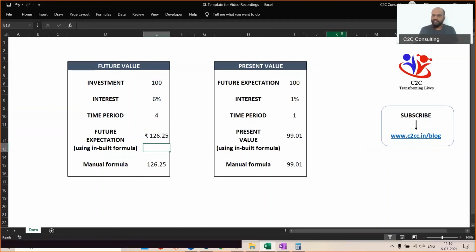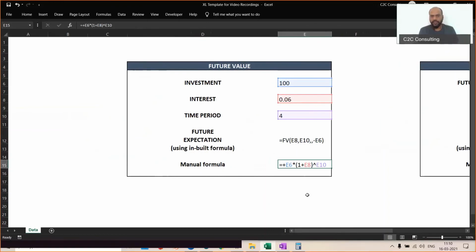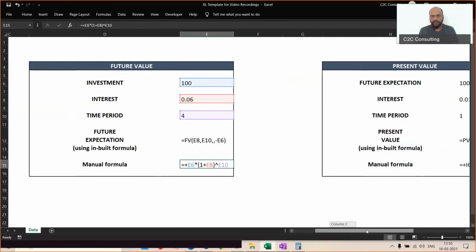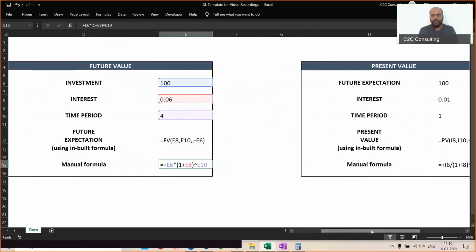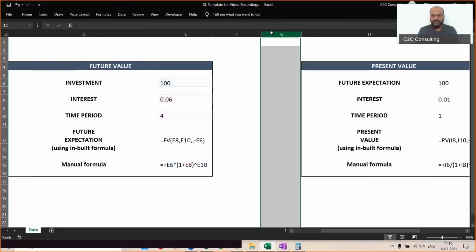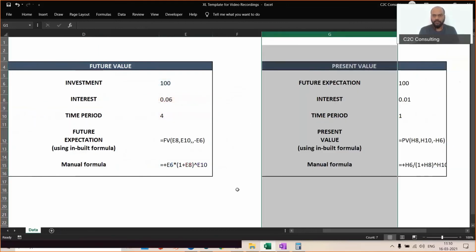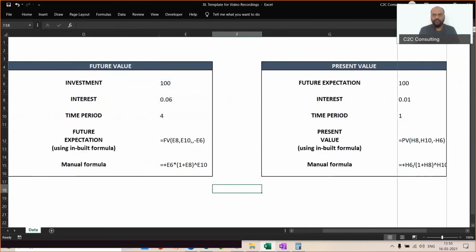So you can use the FV formula, future value. You can use the PV formula for the present value. Alternatively, you can also look at the manual method. Let me show you how the formulas will appear. So this is how you can make sense of the time value of money, and it is very helpful for students.